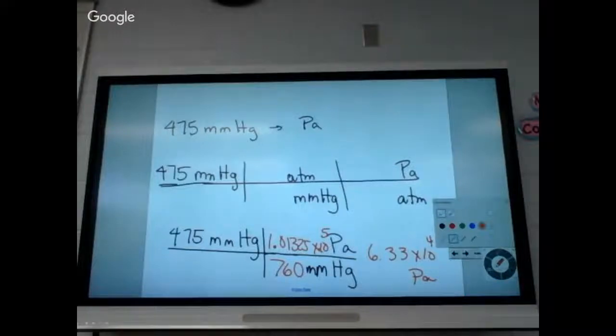Punch it in again and you'll get scientific notation. If it does that, just punch it in again. Outstanding.